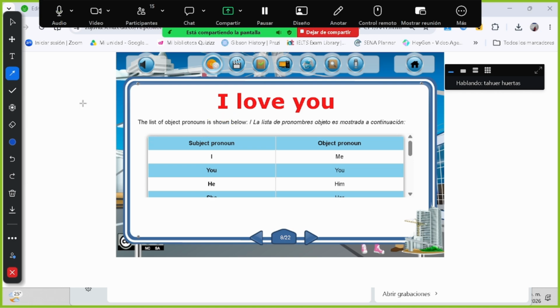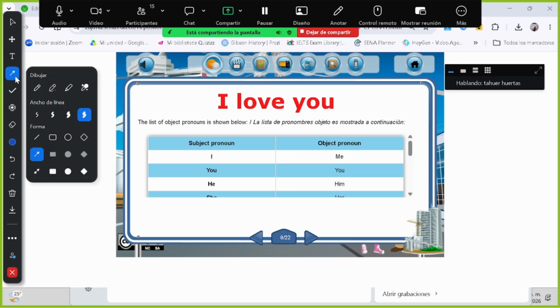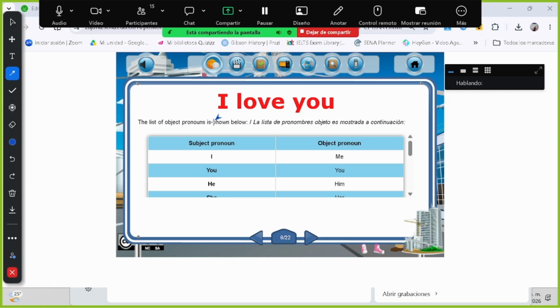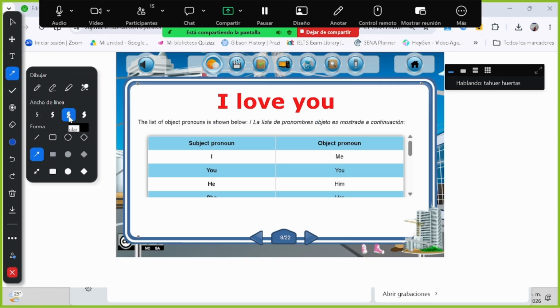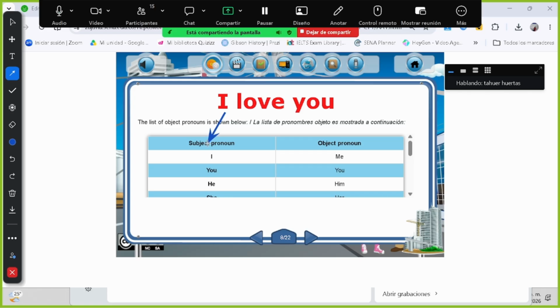Okay, I is the subject pronoun in the sentence. Love is the verb and you is the object pronoun. Here you can see I is the subject pronoun and you is the object pronoun.